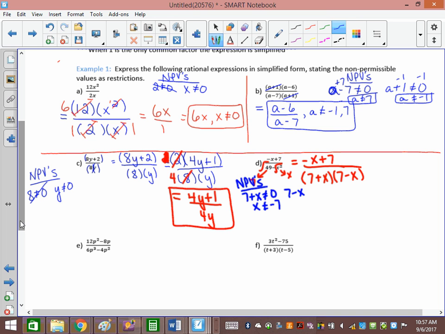And then I have 7 minus x cannot equal 0. Instead of moving the 7 over, what could I just do? Just add the x. So 7 cannot equal x. So my NPVs are x cannot equal plus or minus 7.